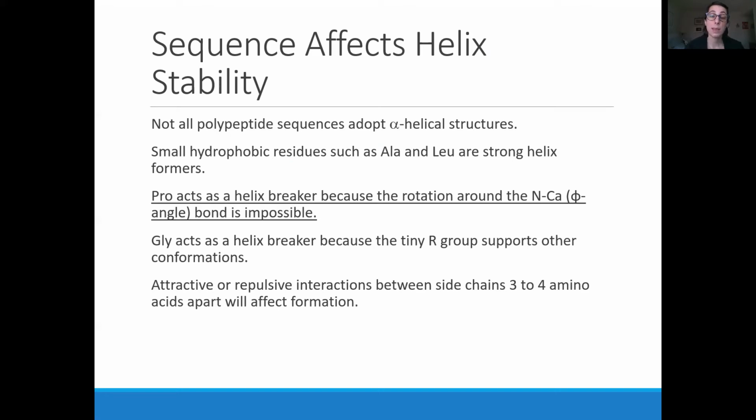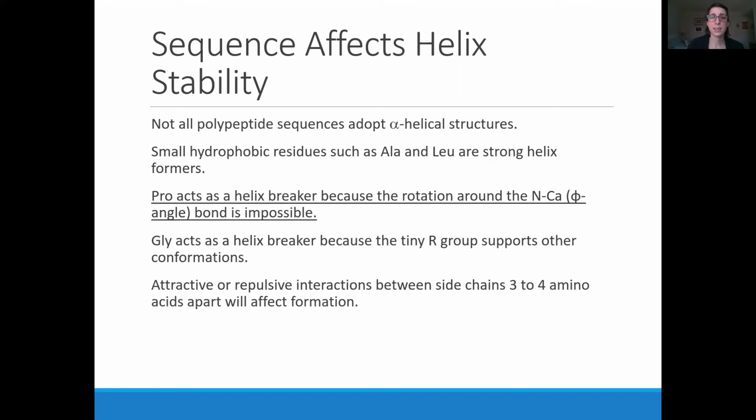So they tend to make it more likely for an alpha helix to form. Proline actually acts as an alpha helix breaker, and that's because proline is a special amino acid that actually kind of binds on itself. This breaks the rotation ability of an alpha helix, and so the bond of an alpha helix becomes impossible if a proline is added in. So prolines will completely break up an alpha helix.